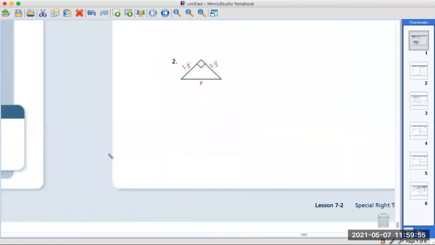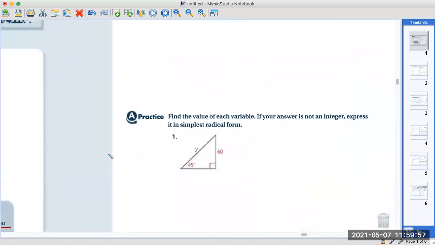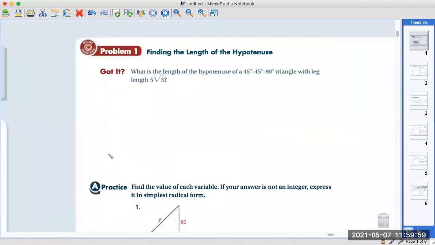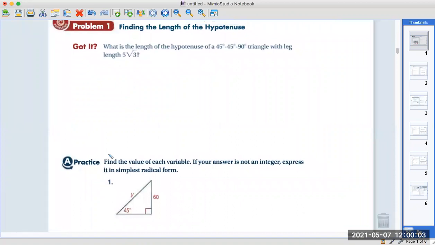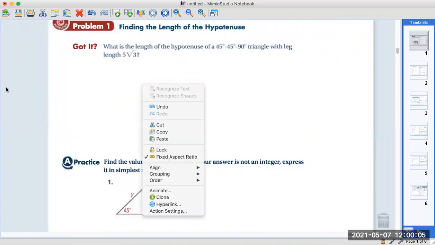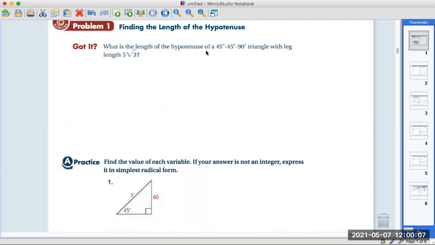Okay, going to the next page, 427, to the top: finding the length of the hypotenuse. What is the length of the hypotenuse of a 45-45-90-degree triangle with leg length 5 times the square root of 3?